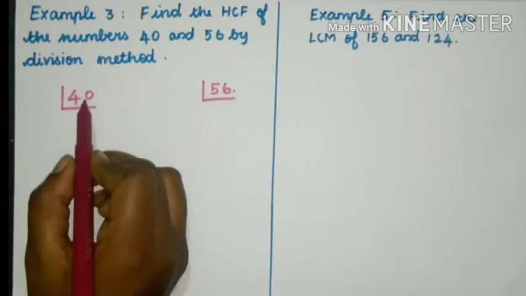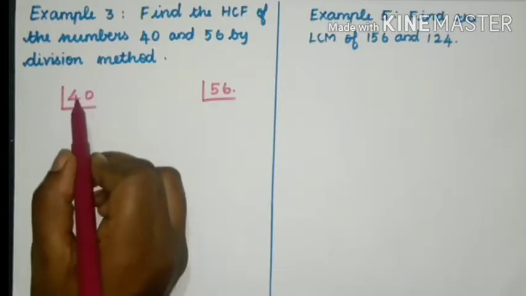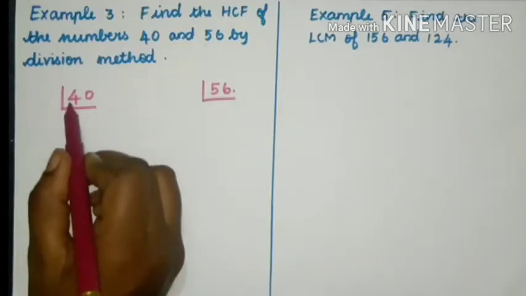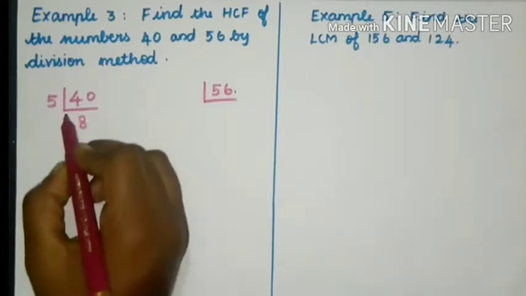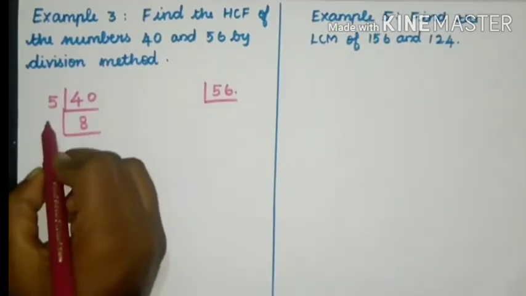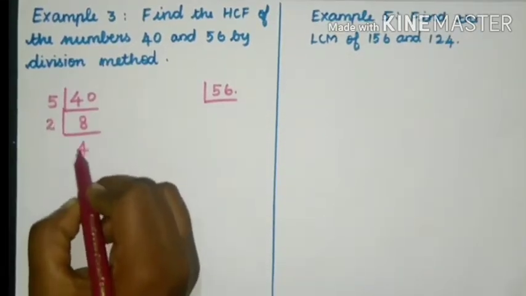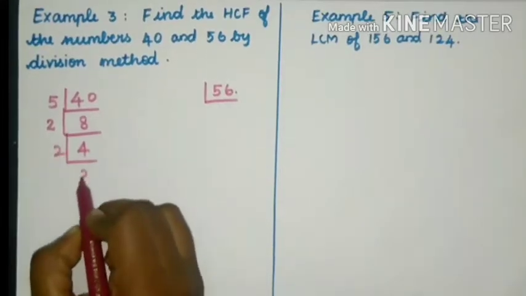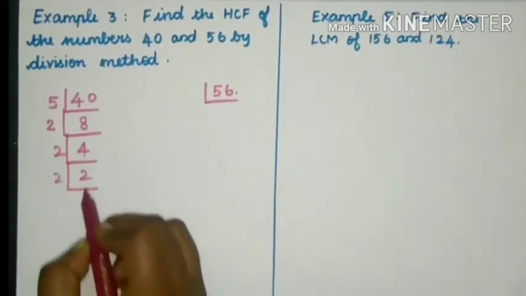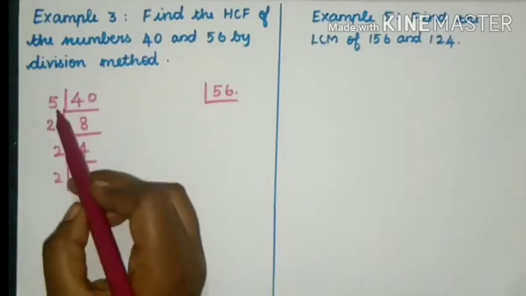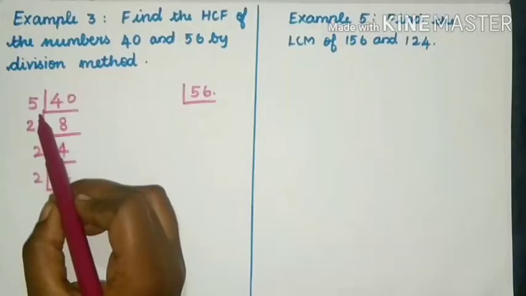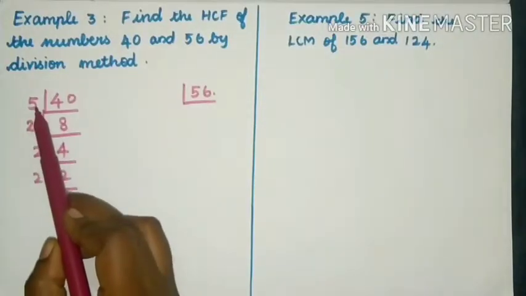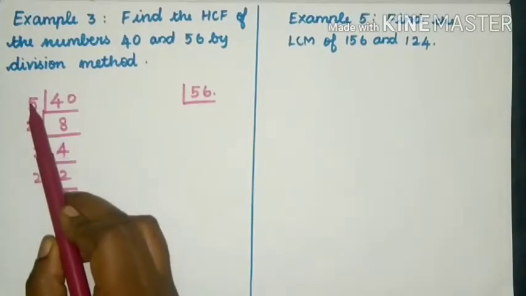If the ones place ends with 0 or 5, it is divisible by 5. So we can easily divide 40 by 5. 5 eights are 40. 2 fours are 8, 2 twos are 4 and 2 ones are 2. You can also start with the smallest prime factor 2. Don't get confused. You can also start with the number 2.